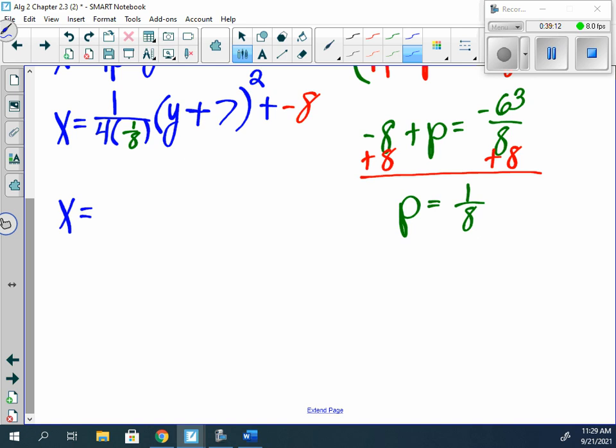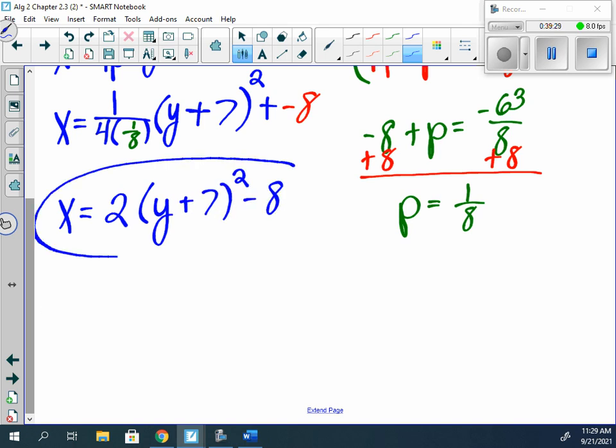And last but not least, we can simplify it. So we can do 4 times 1/8, which is going to be a half, like we had earlier. And 1 over 1/2 is 2. So x equals 2(y plus 7) squared minus 8. And that's it.